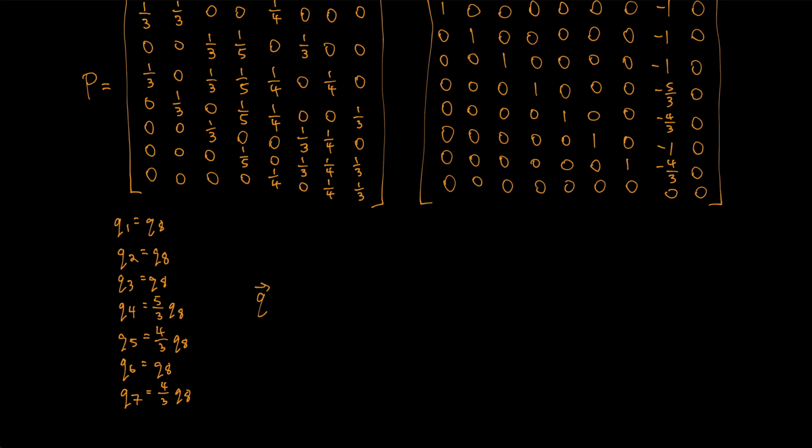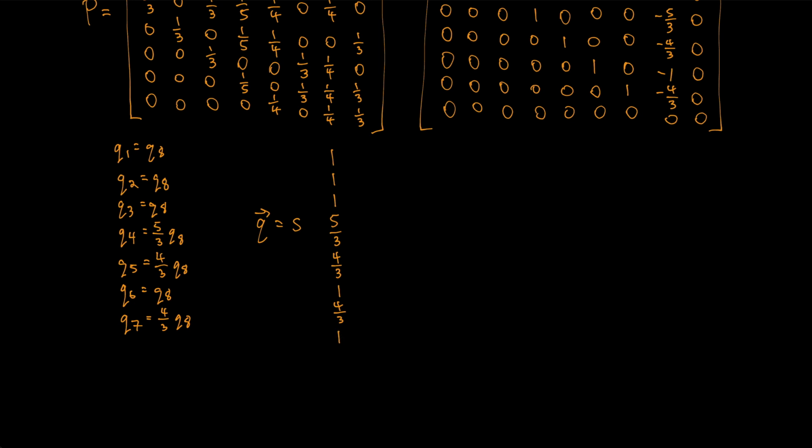So we can write Q as S times (1, 1, 1, 5/3, 4/3, 1, 4/3, 1), and that's it. So let's make this a probability vector. We'll add up our entries, 1 plus 1 plus 1 plus 5/3 plus 4/3 plus 1 plus 4/3 plus 1.